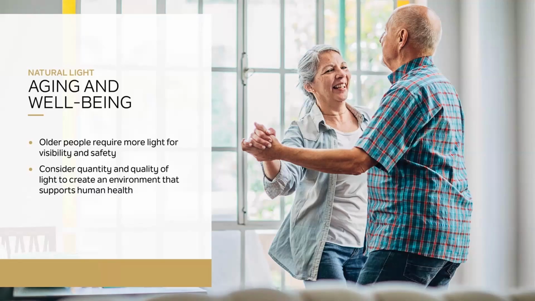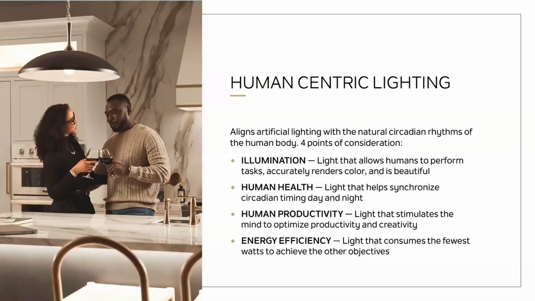Carefully designed lighting solutions that consider the quality of light and its timing can help create environments that support and promote human health. So let's talk a little bit about human centric lighting. Although nothing, as I mentioned to you, beats natural light. Natural light is the best.